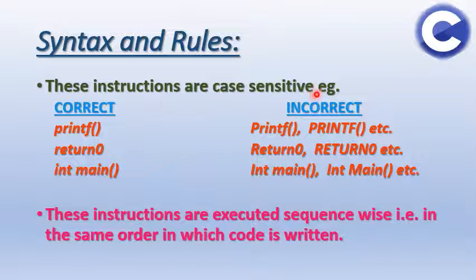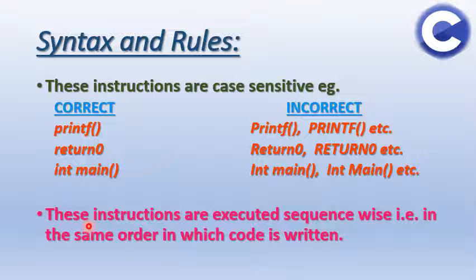I told you these instructions are case sensitive. If I write the printf function, all the letters are in lowercase. You may write a capital P, you may write all in uppercase. Here just look at return 0. It is the correct way. Here also your common mistakes are given.